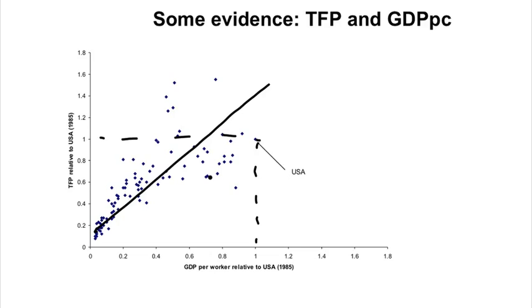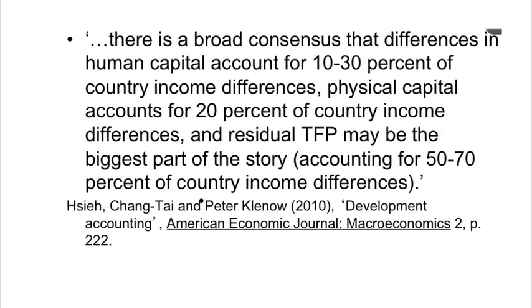How much of the variation in GDP per capita is explained by total factor productivity has been the source of some debate over the past couple of decades. There are some studies that have claimed that all the difference in GDP per capita is due to TFP differences. Some have argued that it's all to do with factor accumulation. I think the truth probably lies in between, and this quote from Chang-Tai Hsieh and Peter Klenow in a recent survey of the literature on growth accounting, I think puts it nicely.